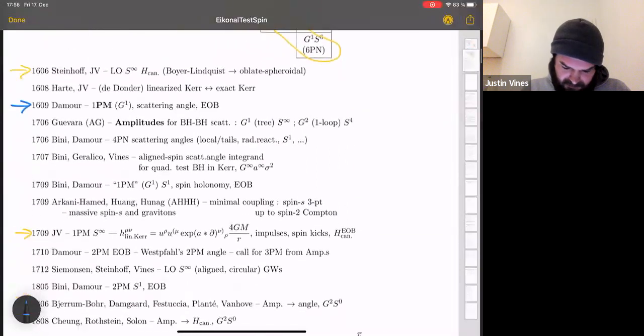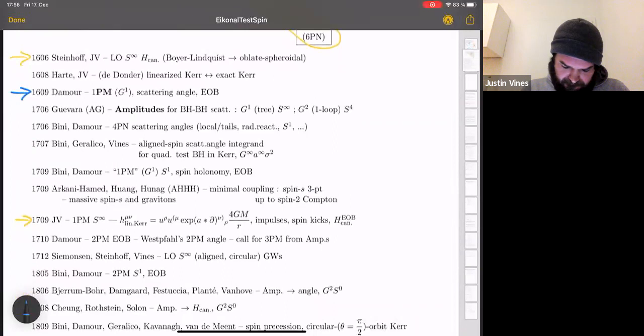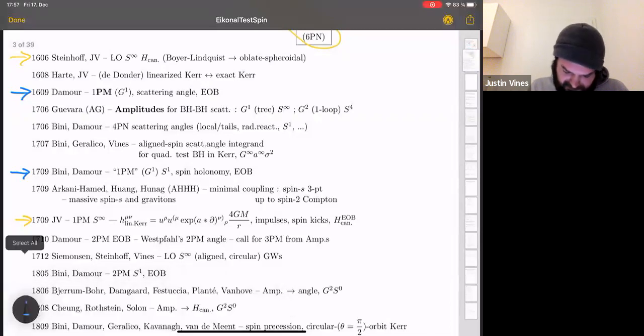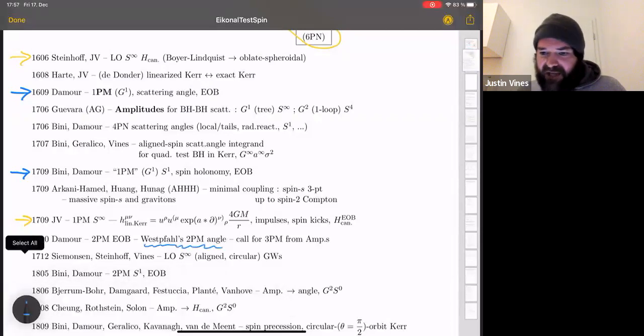And with spin, you know, it was really amazing to me. So I think many of you know with the post-Minkowskian approximation, of course, this was nothing new in 2016. There had been lots of work in the 70s, in the 80s, particularly. I think many of you are familiar with Westphal's 2PM scattering angle.